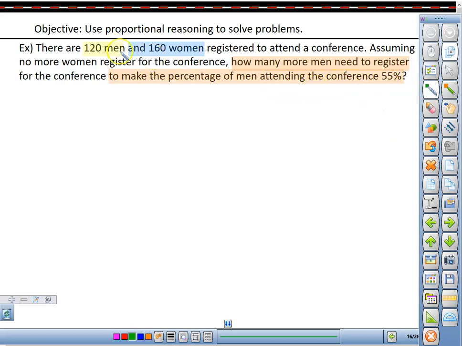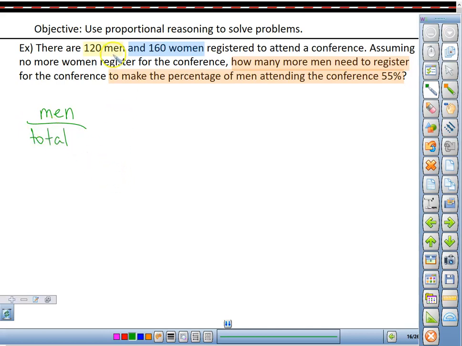So right now the percentage of men would not be 55% of the total number of people. As we have to remember, it's not men to women, it's men to everybody.